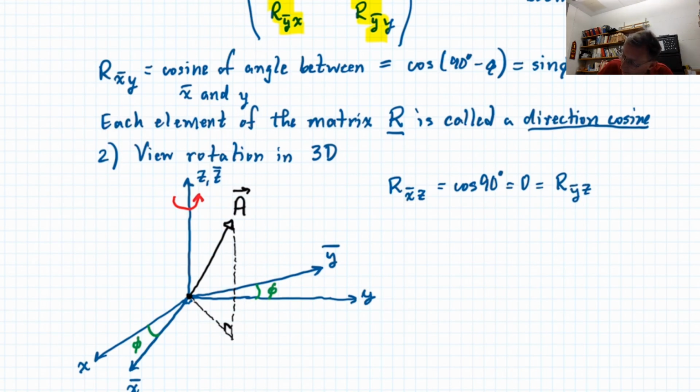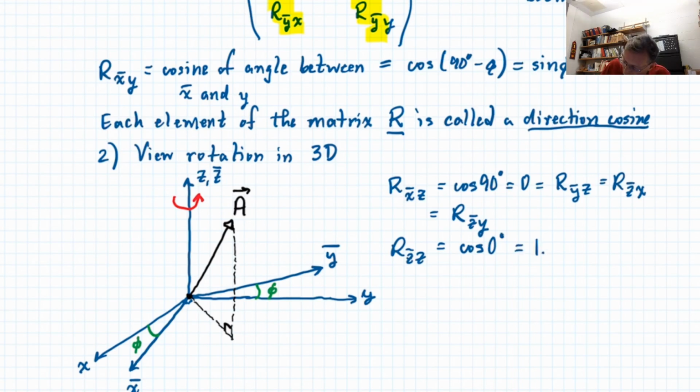And r z bar x and r z bar y, all 0. And there will be r z bar z. Now what's that direction cosine? Well, it's the cosine of the angle between z bar and z. What's that angle? Well, it's 0 degrees, isn't it? And the cosine of 0 degrees is 1.